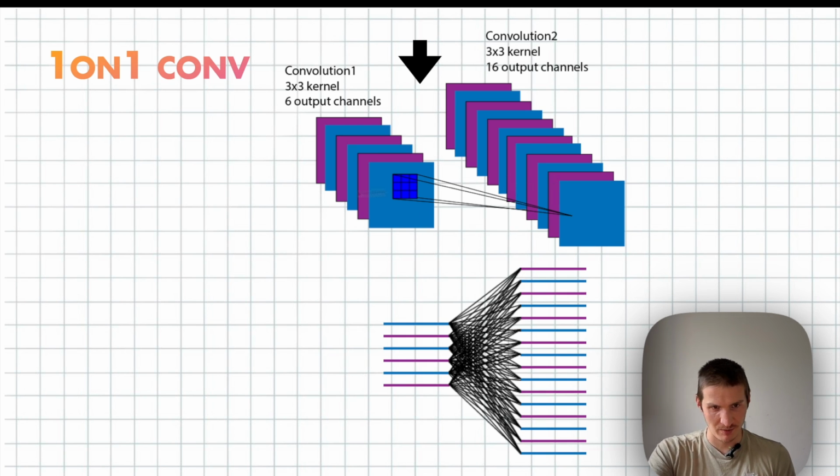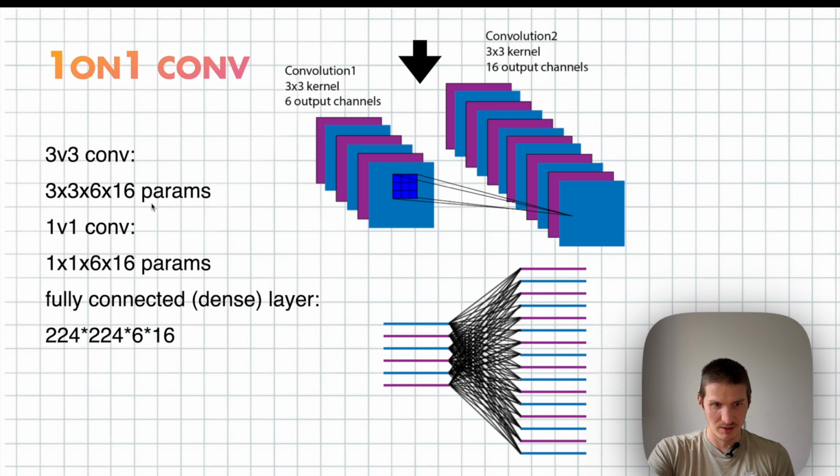So it's just computationally unfeasible. With 3x3 convolution, you'd have 3x3 by 6 by 16 parameters. And with 1x1 convolution, you get this 1x1 receptive field, but still 6 by 16 parameters. So 1x1 convolution can be thought of as just some function applied to the input, right?